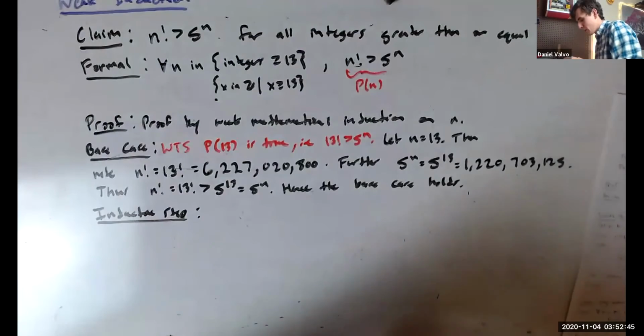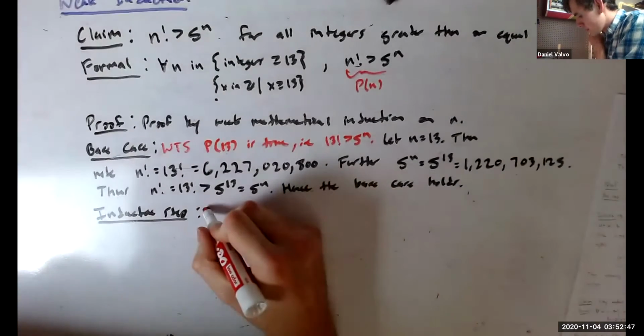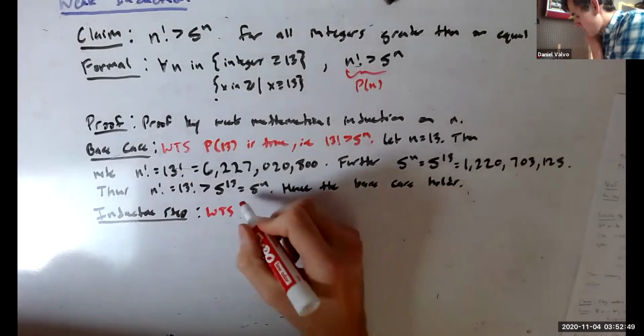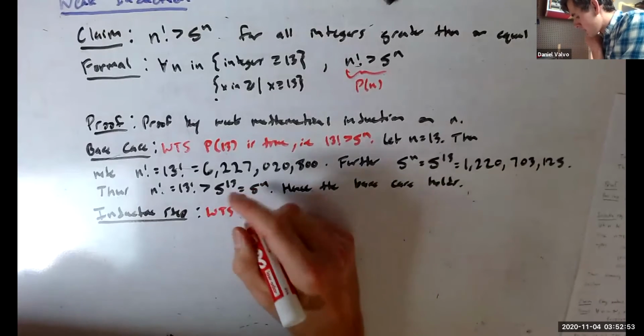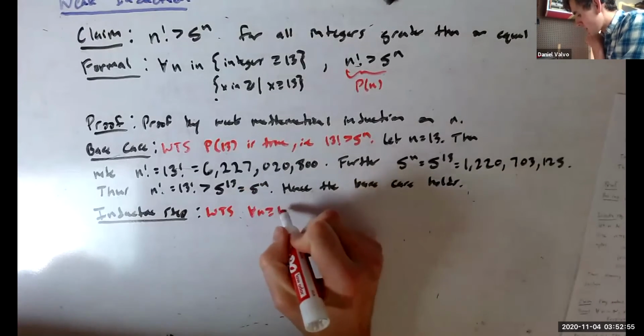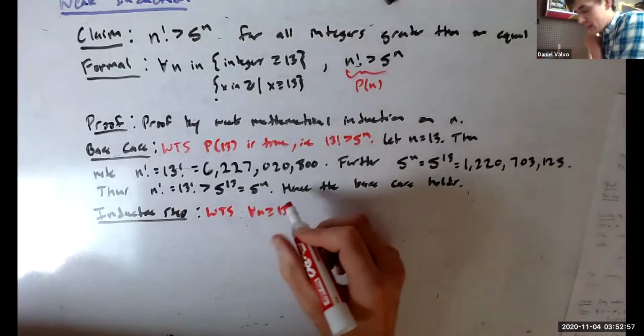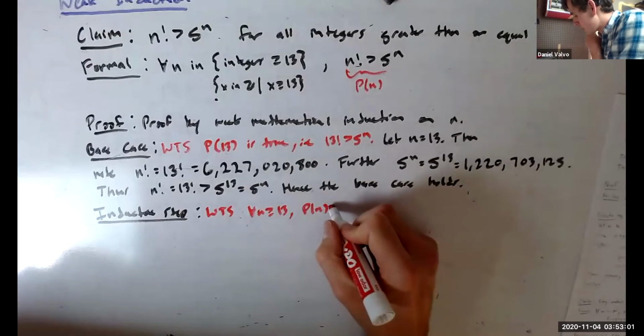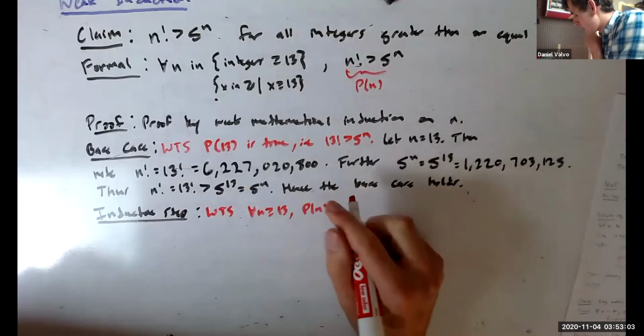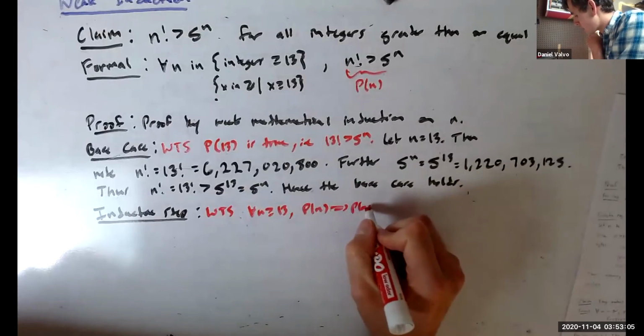And here, remember, we want to show that for all n greater than or equal to 13, as to connect to the base case, P of n implies P of n plus 1.